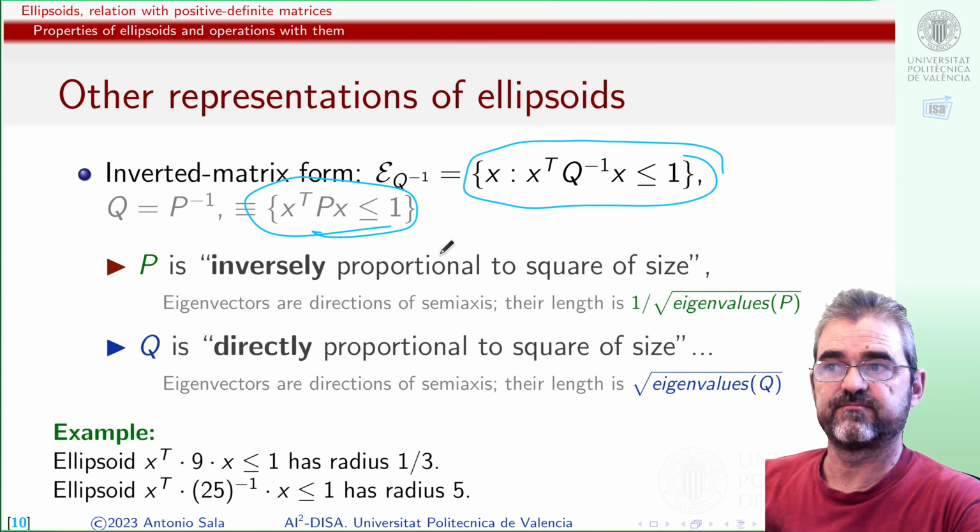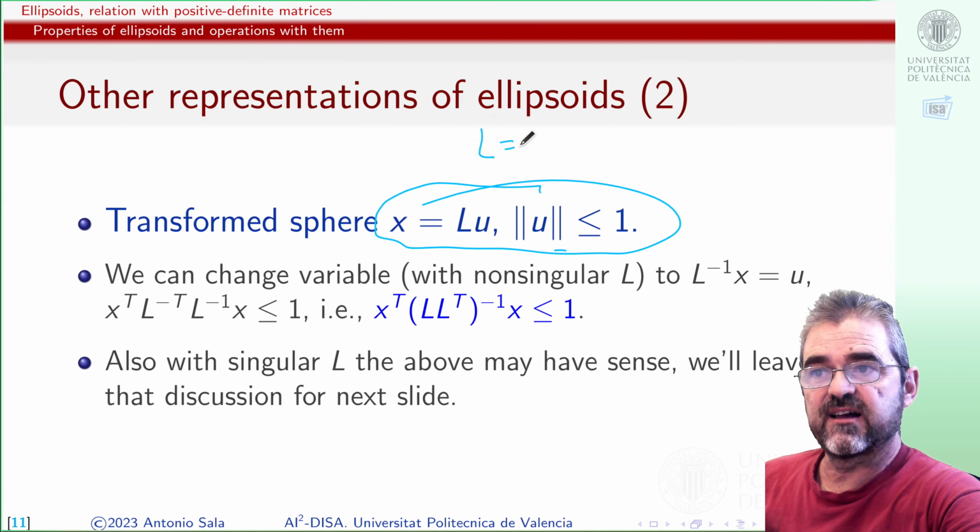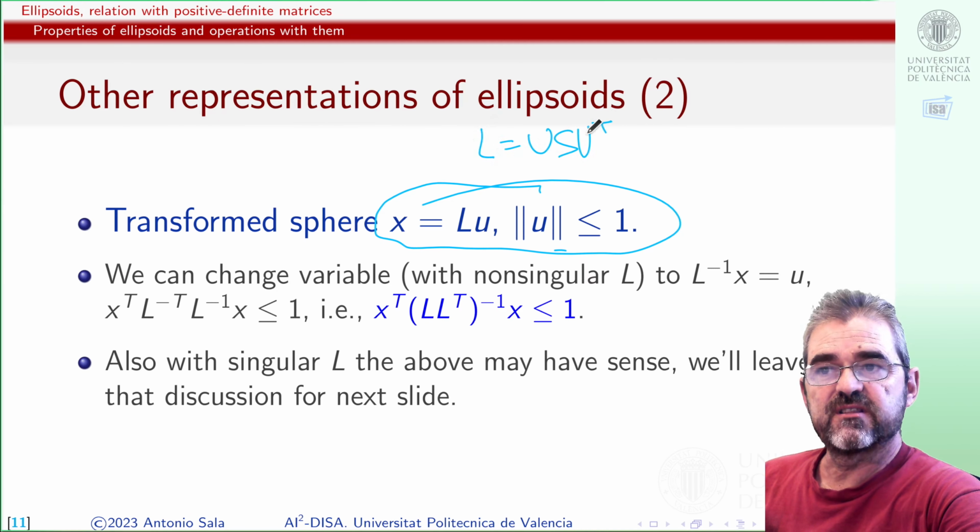But we also saw a third representation of an ellipsoid as a transformation of a sphere via an arbitrary matrix L, which needed not being positive definite. Just deforming a sphere gets an ellipsoid. What we will discuss now is the relationship of the ellipsoid shape with the singular values of L, when we decompose L as U S V transposed, being U and V orthogonal matrices and S a diagonal one, with the so-called singular values in the diagonal.